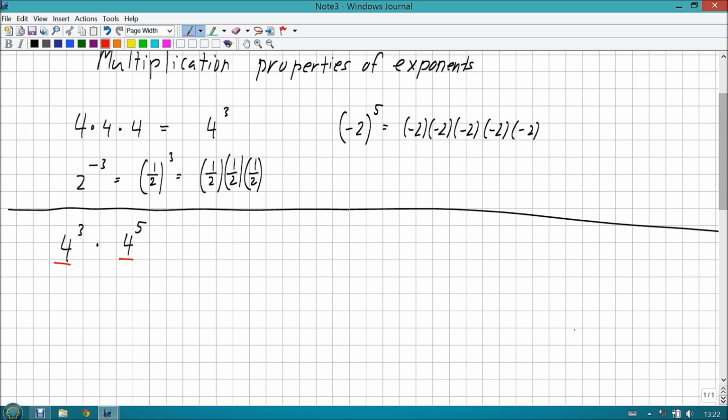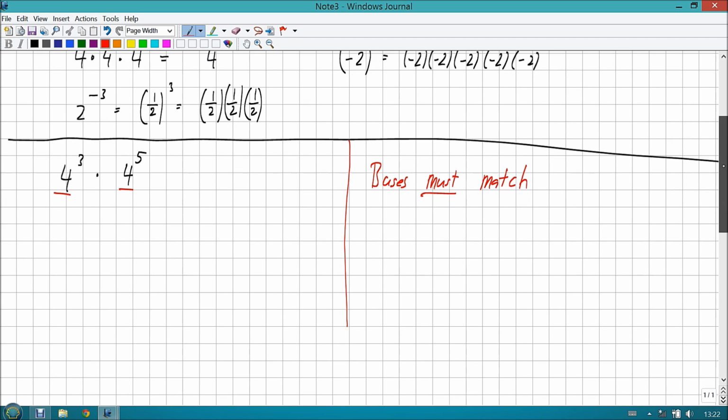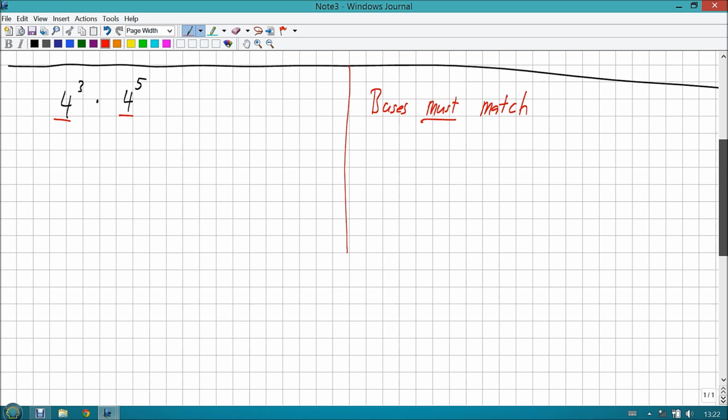So part 1 is the bases have to match. Bases must match. If the bases don't match, try to manipulate them so that they do. If you cannot manipulate them so that they do, then you cannot multiply them in this fashion.